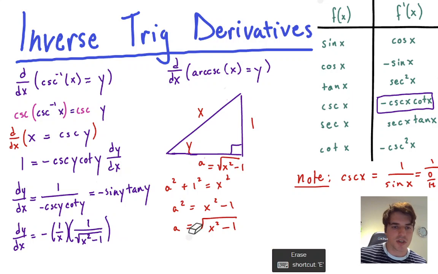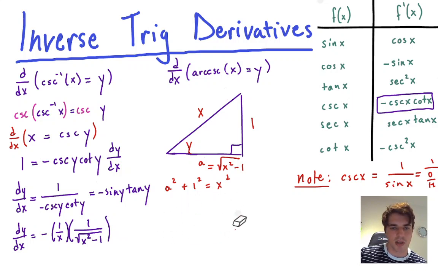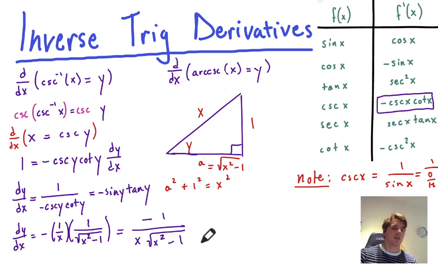Okay, and I'm just going to erase this so we can multiply this out and formalize our answer. We have the derivative of cosecant inverse of x is negative 1 over x square root x squared minus 1. All right, we'll check in with the derivative of secant.